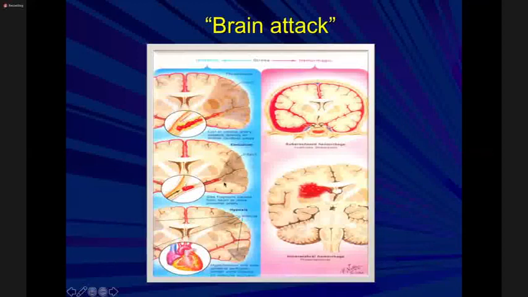The area supplied by that blood vessel gets disturbed, so the area of the brain that is affected determines what symptoms are caused by that stroke.